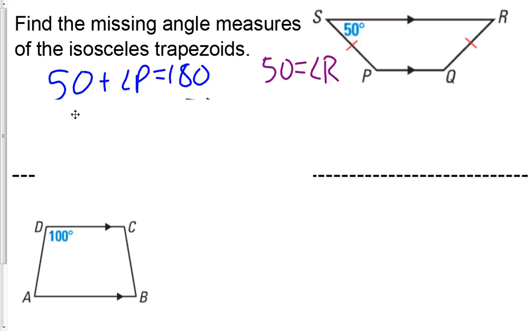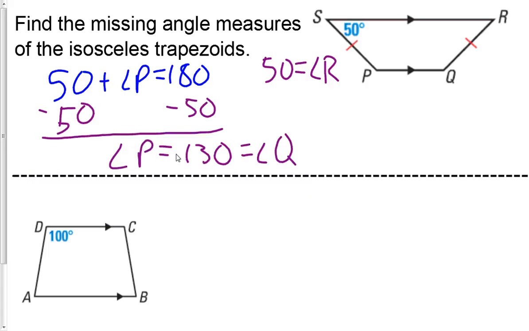To solve for P, we subtract 50 from both sides. 180 minus 50 is 130. And so angle P equals 130. And then lastly, Q is also going to be equal to P, so angle Q also equals 130.